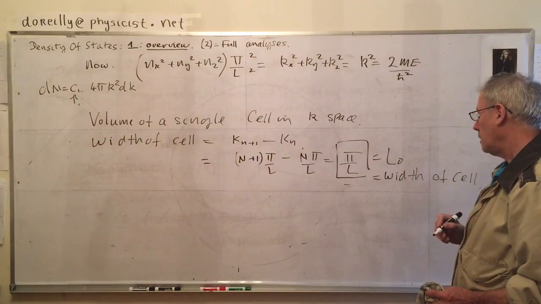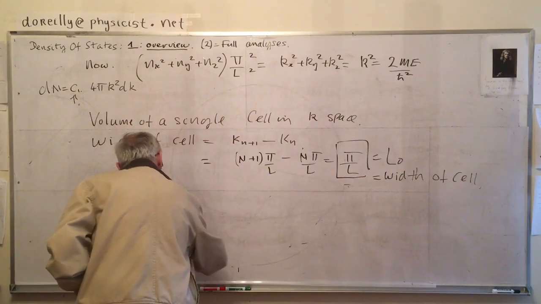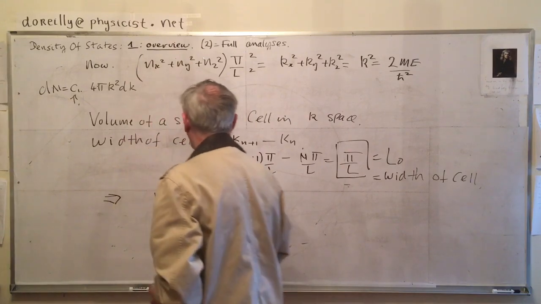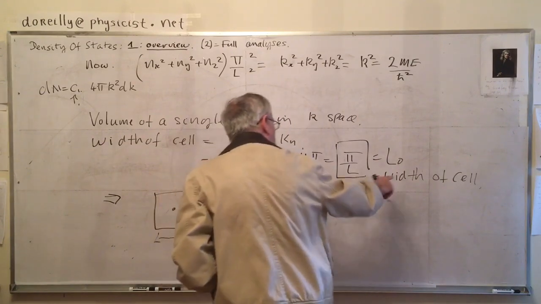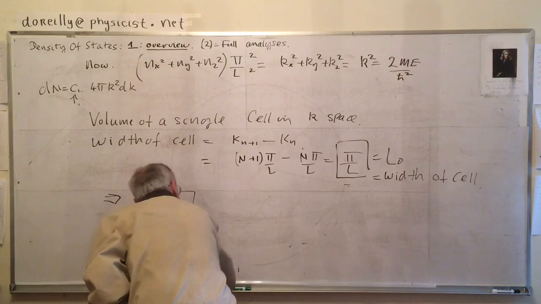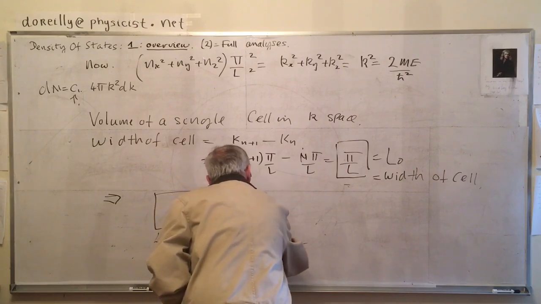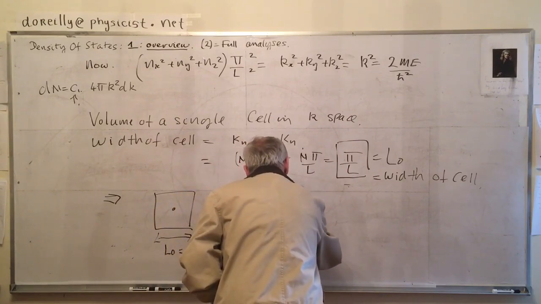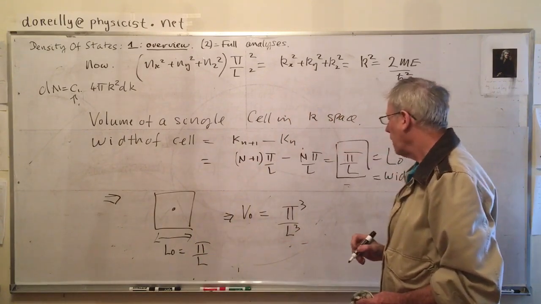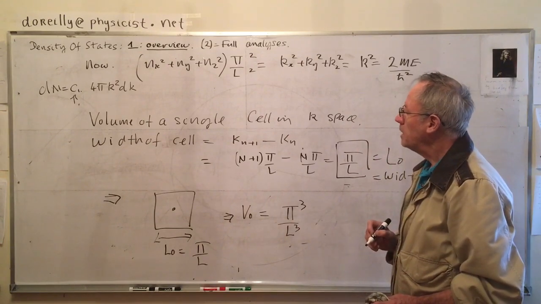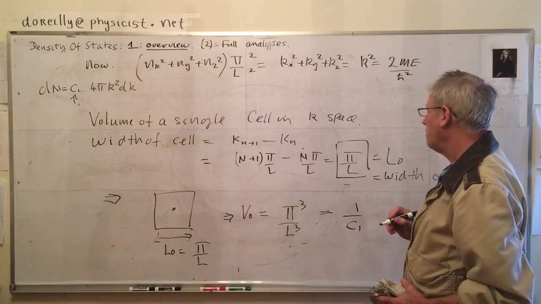And that's the width of one cell, okay? So therefore, one cell has a side of length L0, the volume of a single cell is going to be pi cubed over L cubed. That's what our C1 is. It's actually the reciprocal of it.